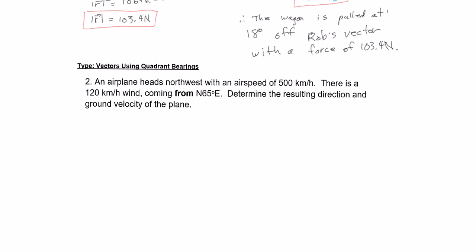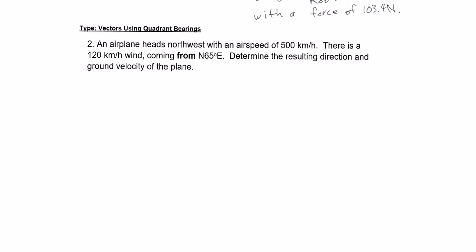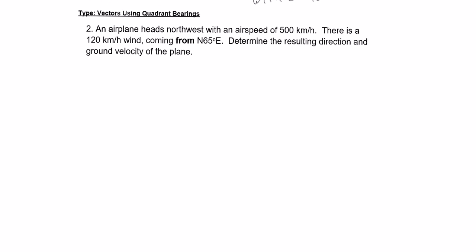For this problem, we have an airplane that heads northwest with an airspeed of 500 kilometers an hour. Now, always start by drawing your bearings since it's quadrant bearings. And now we're going to draw our quadrant for the airspeed of the airplane.